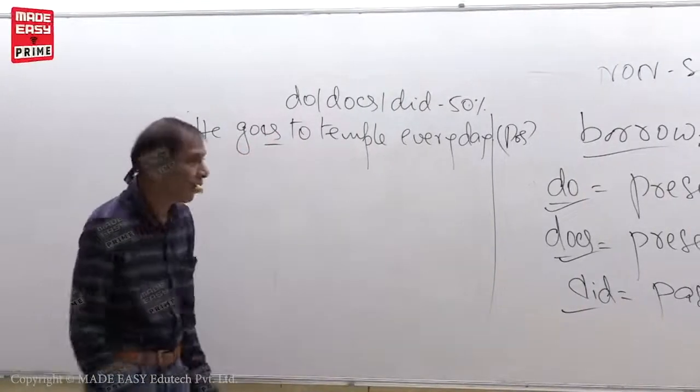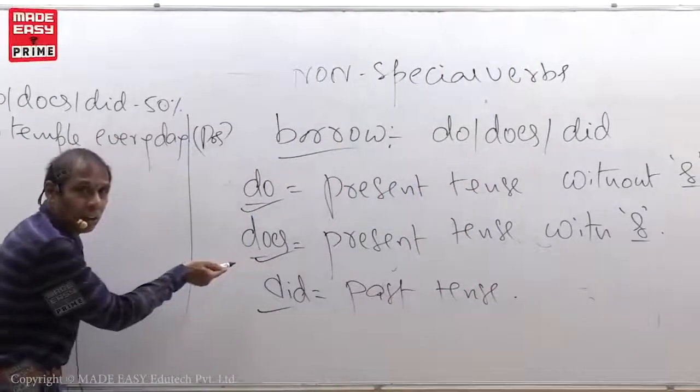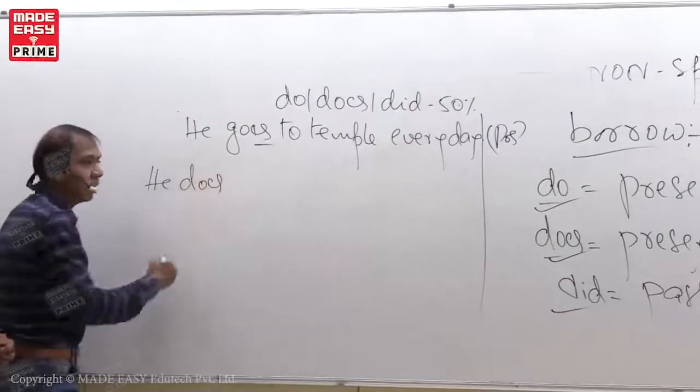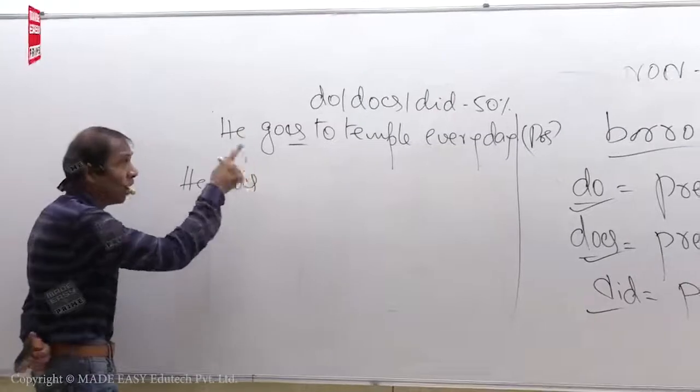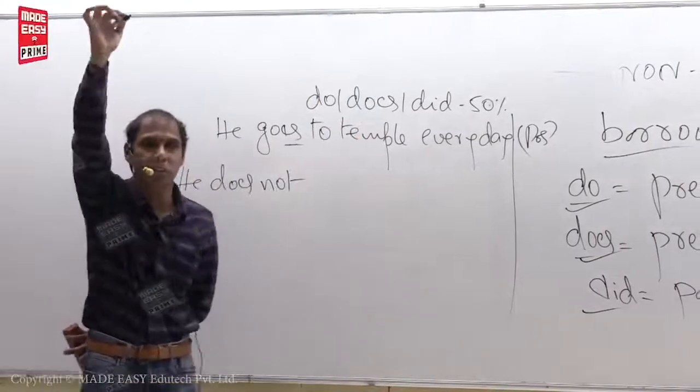This is with s. In the case of present tense with s, you have to borrow does. First you borrow do, does or did, then you put not.